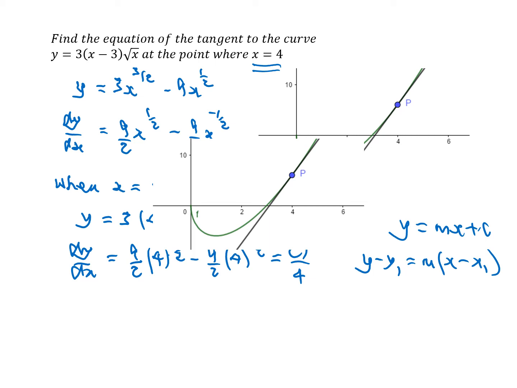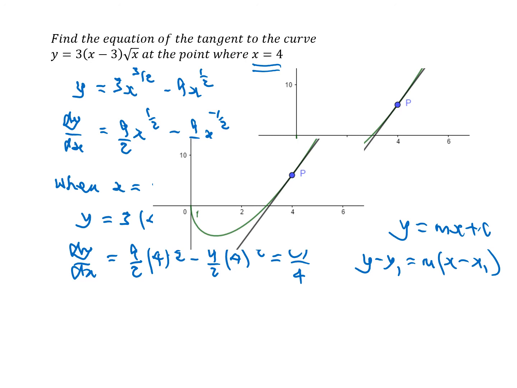This tends to be quicker and simpler than the y equals mx plus c. So that's the one I'm going to use. So x1, y1 is the point on the line, and m is the gradient of the line.